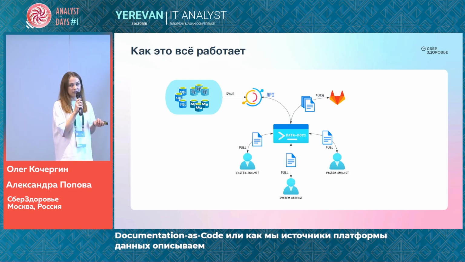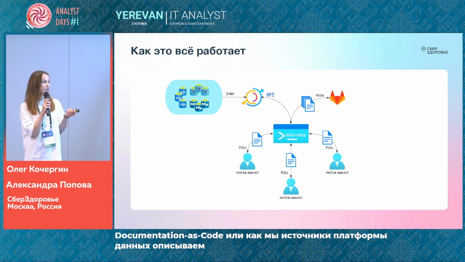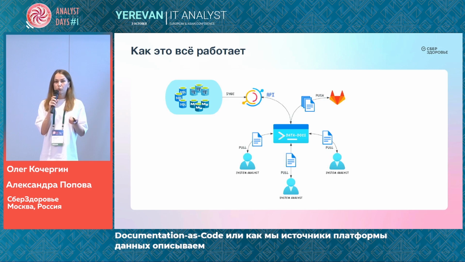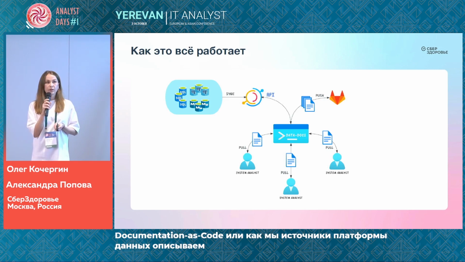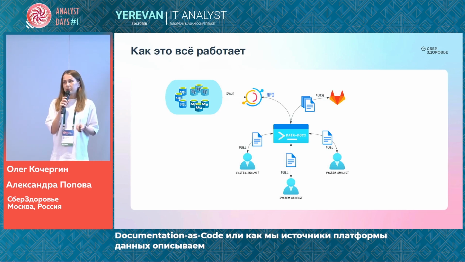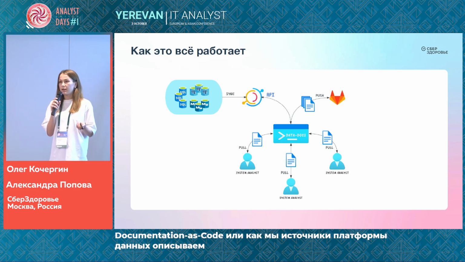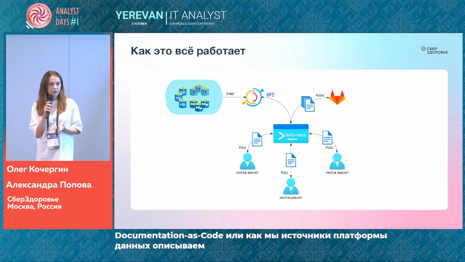How does it work? System analysts would pull tables with the help of Datadocs, so that would be a table of data, and they want to enrich some information, add the description or add business glossary terms, quality testing.